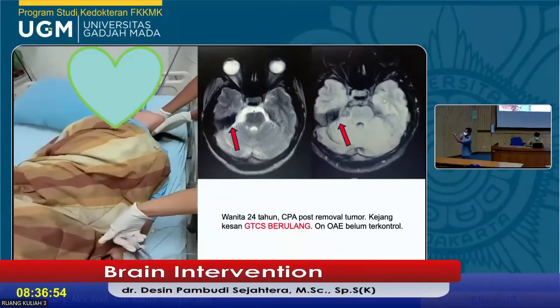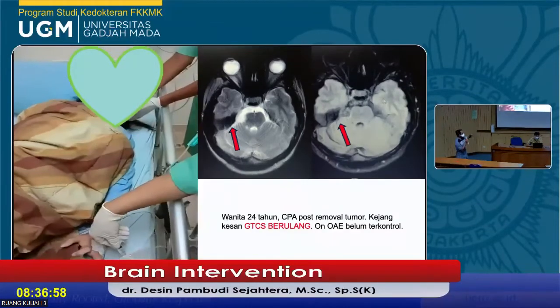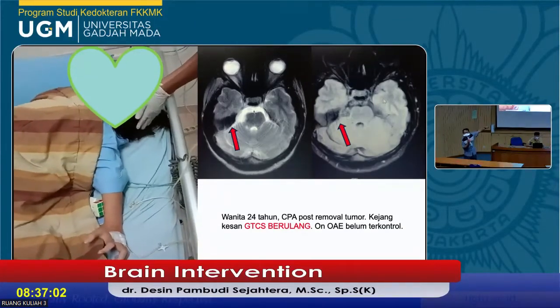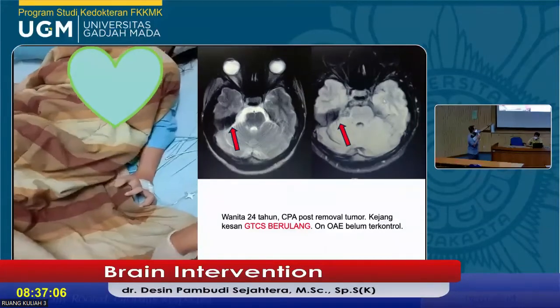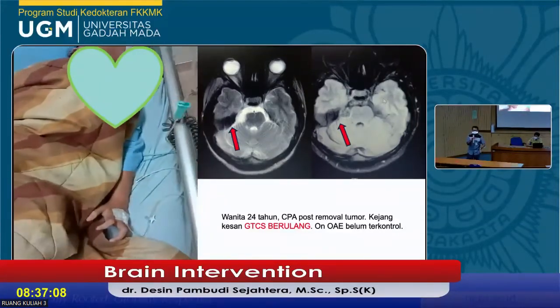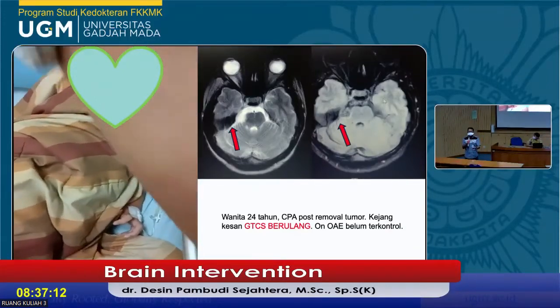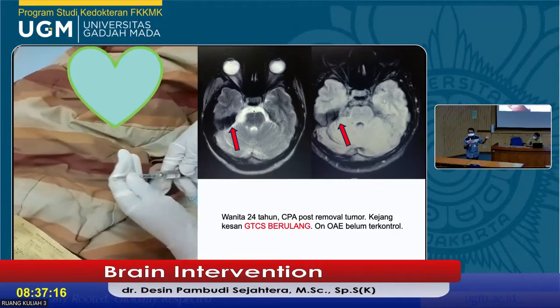So this movement, the seizure semiology, cannot be explained by this abnormality in the brain. So we conclude that the brain and the clinical finding are not correlated. So we explored and investigated more, and we decided that this is PNES.